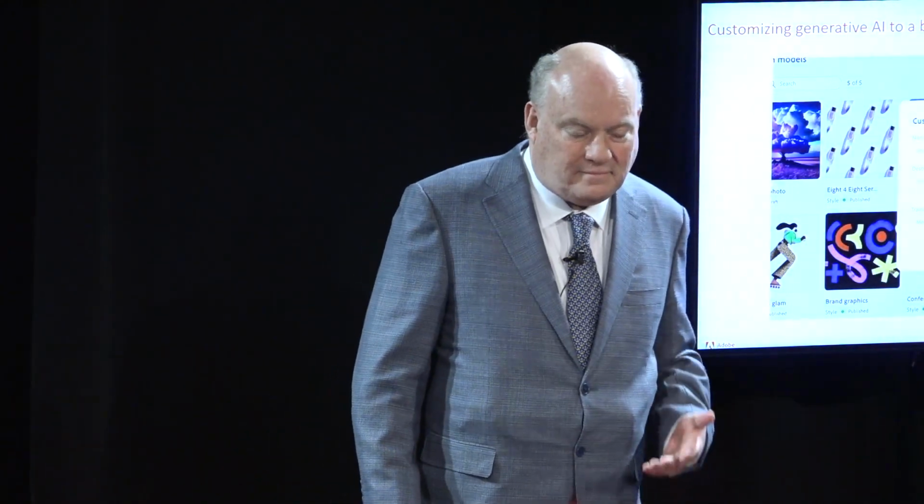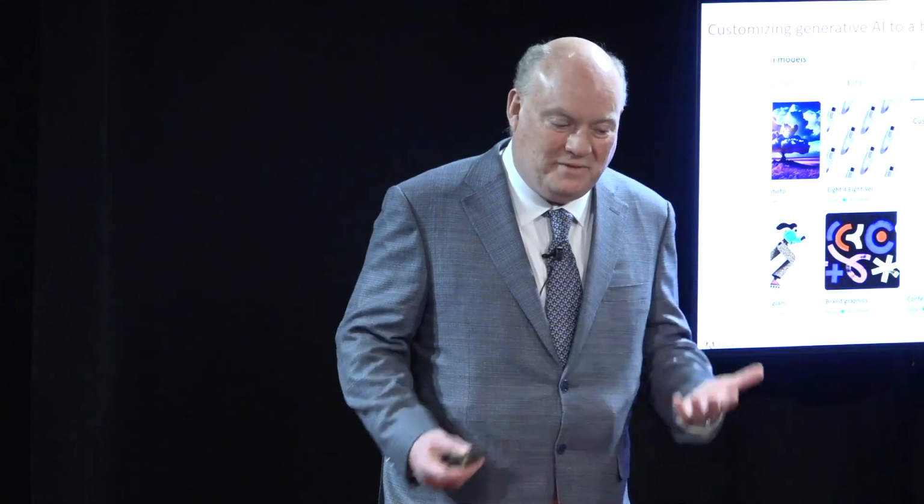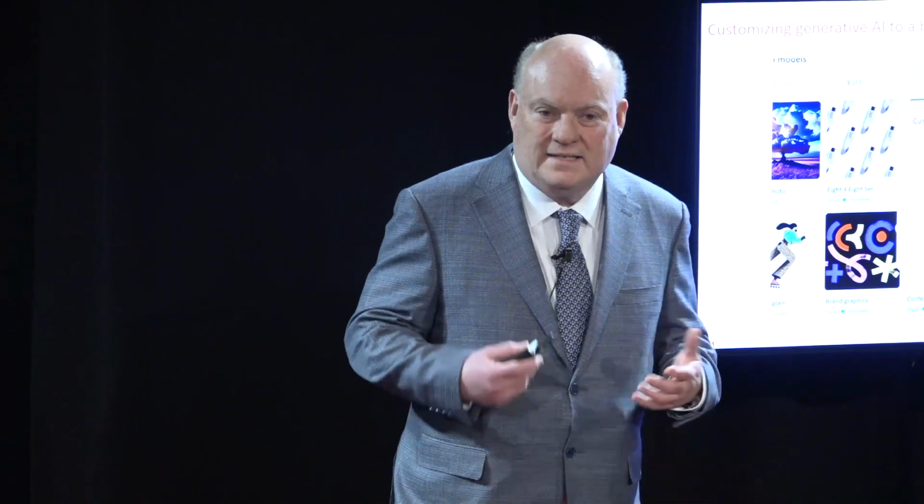So one of the challenges, if you have highly moderated data where you've removed all of the trademark content, because that's part of your policy, is if you then sell it to an enterprise that wants to create their trademark content, there isn't an easy way to do that. So we have also developed fast algorithms for train your own model. This takes our core Firefly generative model and then lets enterprises customize it with their own content.